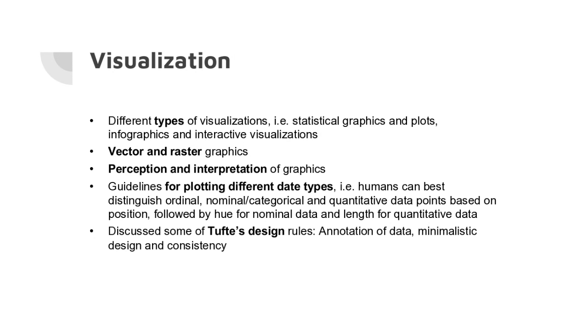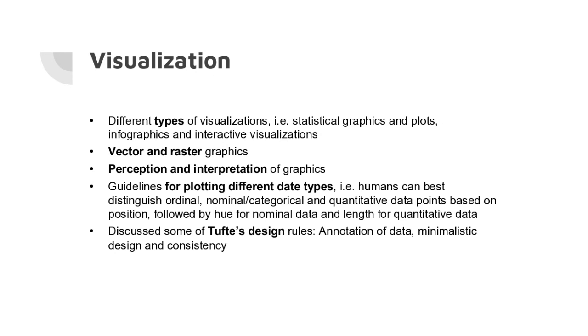For nominal or categorical data, we're also good at distinguishing color, in hue, and for more quantitative data, we can better distinguish the length. So for instance, with a line chart or a bar chart, we can compare the length of different bars, and we're quite good at that.